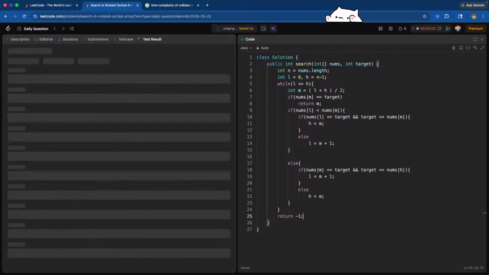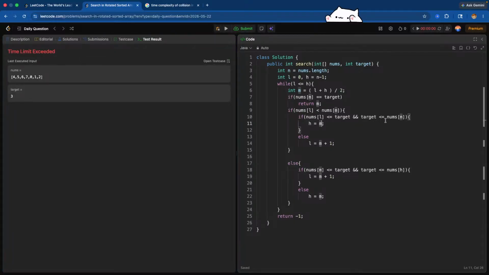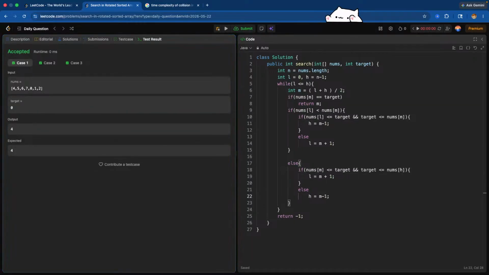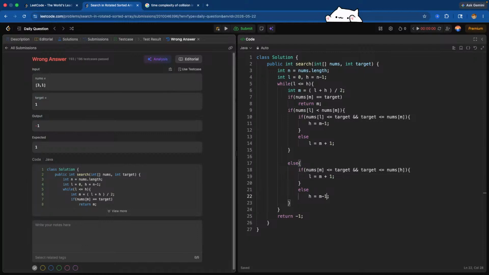If this goes to TLE, I don't know what I'm gonna do. It went to TLE. It accepted. Wow. He got the wrong answer here.